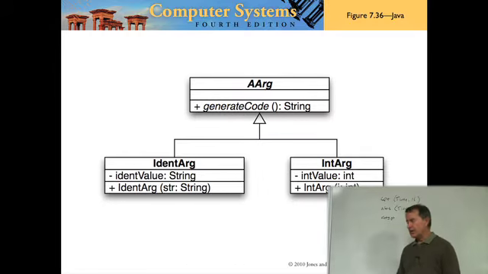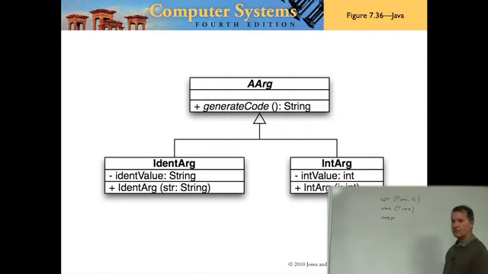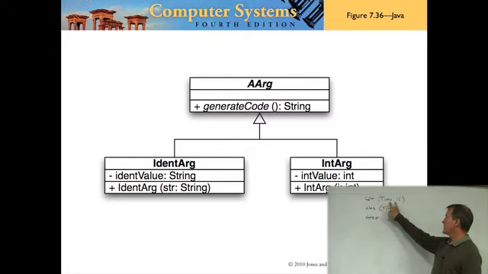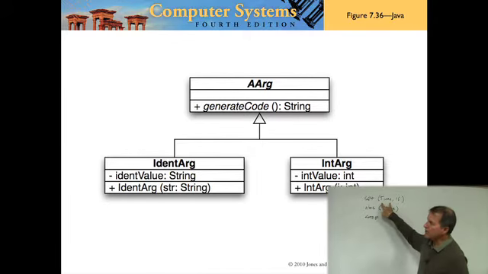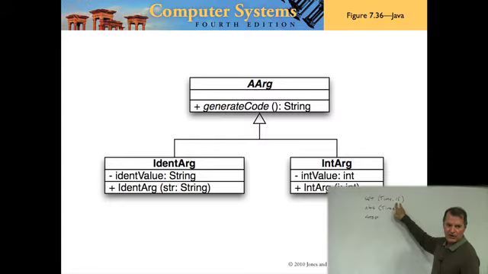Now, this next figure is a UML diagram. Let's come back over here. Check this out. Each one of these in parentheses in this language is called an argument. Now look, there's two kinds of arguments. This kind of an argument is a what? Identifier. It's an identifier argument, and this one is an integer argument.